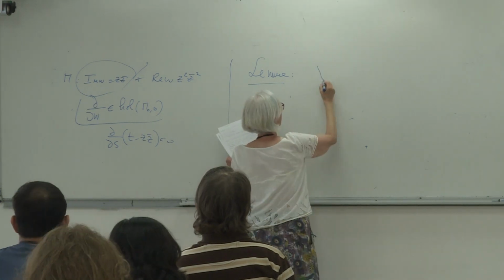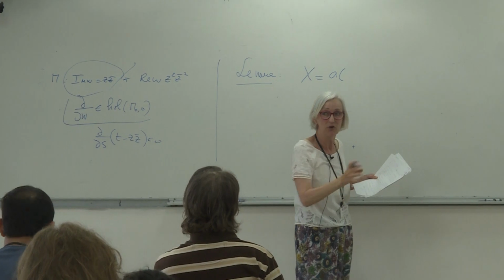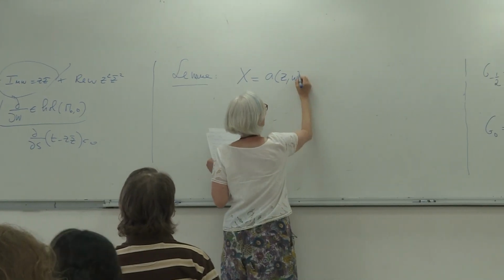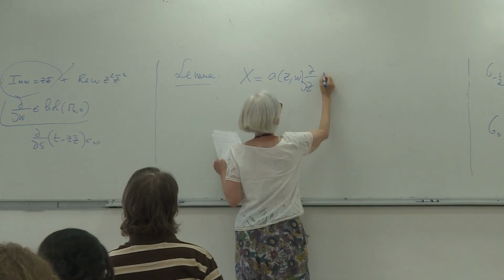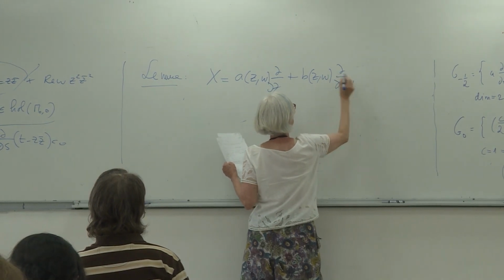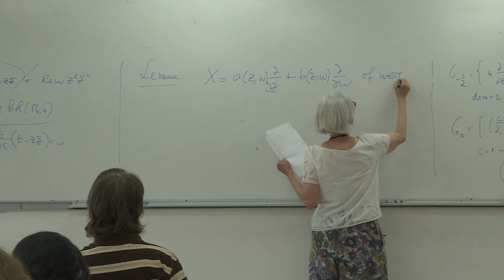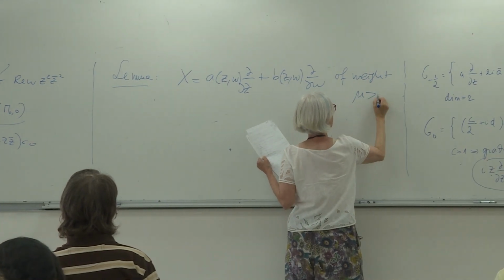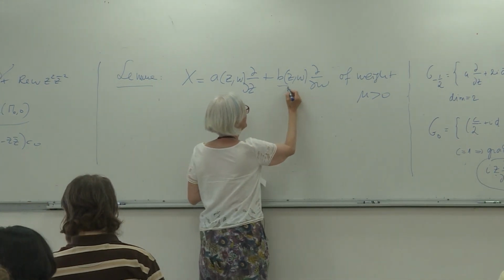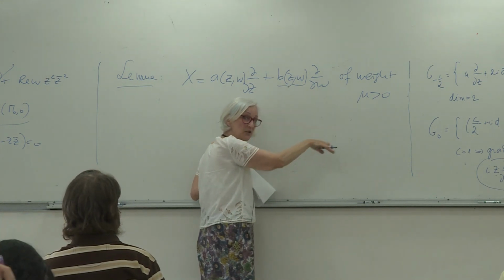Let X, and now you take any weight bigger than 0, because you classified already until 0. So there should be some W, A dDZ plus B dDW. Any weight, say, mu strictly bigger than 0, okay? That means that this guy is of weight mu plus 1, because when you differentiate, you lose 1.